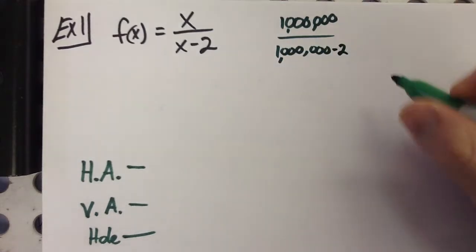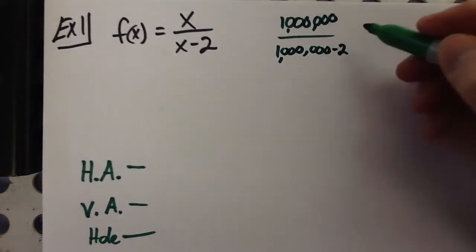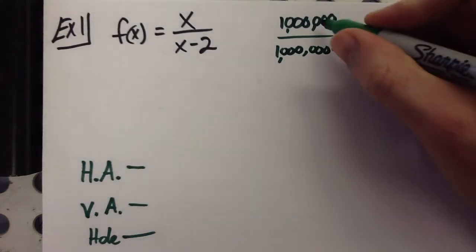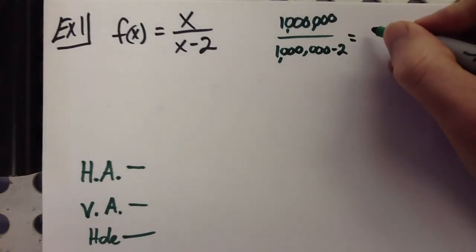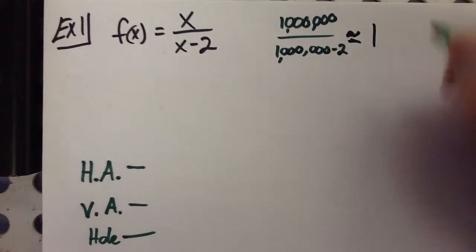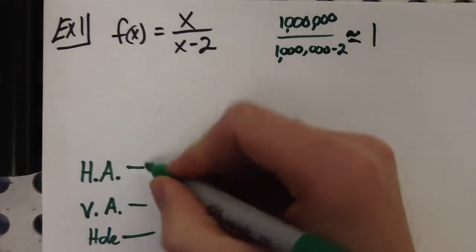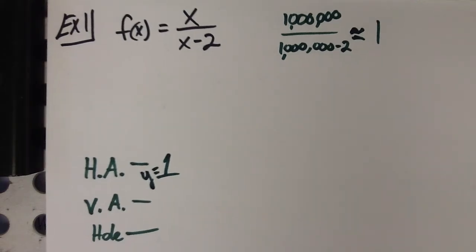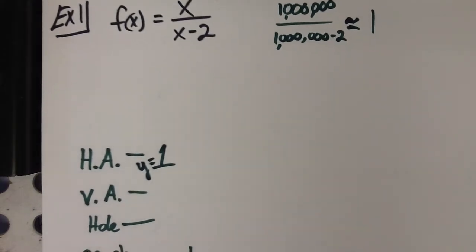And hopefully what you're starting to think right now is, well, that minus 2 really doesn't make much of a difference, and you're right. Because in the grand scheme of things, the bigger the number I plug in, this is going to be really, really close to 1. I'm going to use that approximate sign. It's really close to 1. So horizontal asymptote is y equals 1. Horizontal line at 1. Okay.